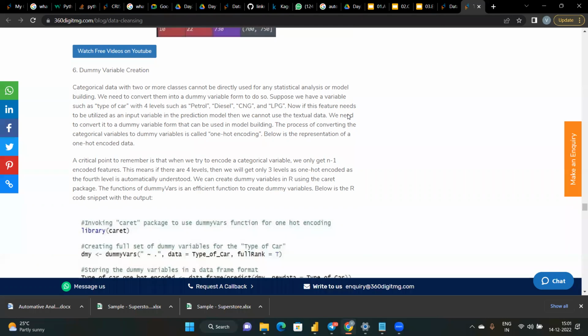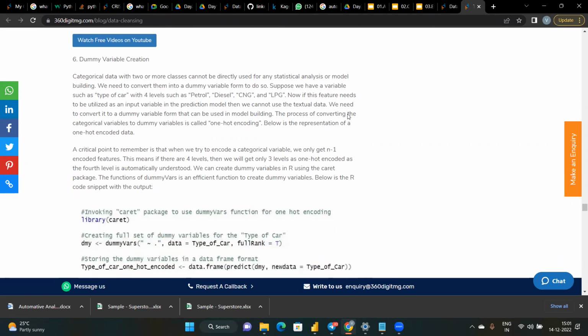We have seen that, right? What is dummy variable creation and why do we need it? We need the data converted into a dummy variable form that can be used in model building. After doing this dummy variable creation, guys, it will be very useful for us in model building. How? We're going to convert these categorical variables into dummy variables, called one-hot encoding.